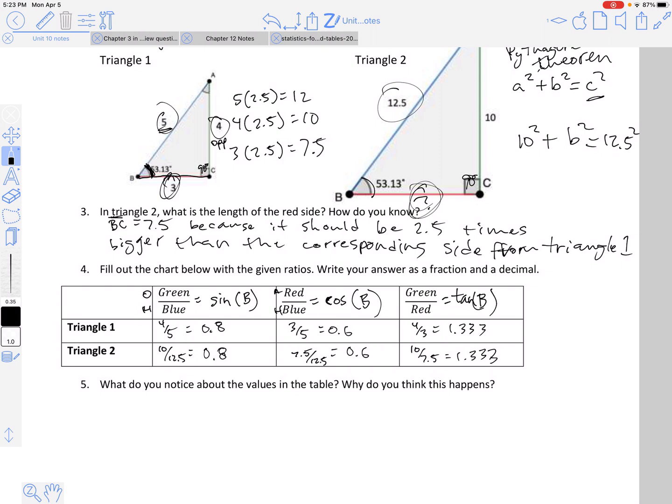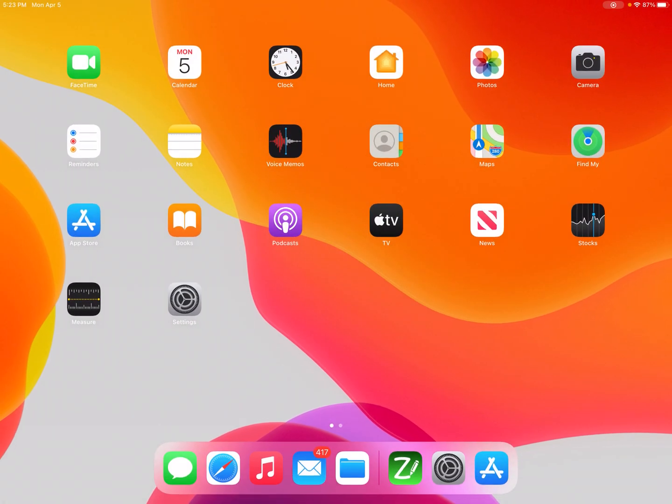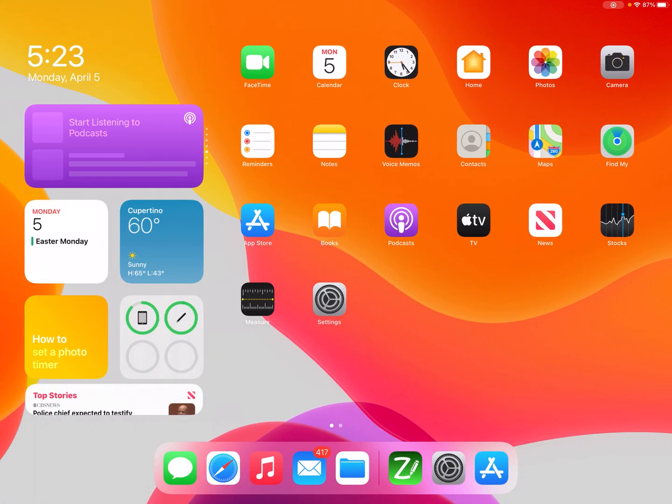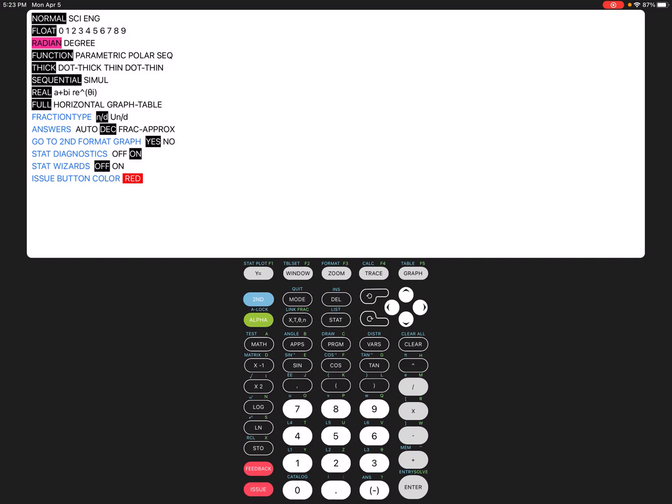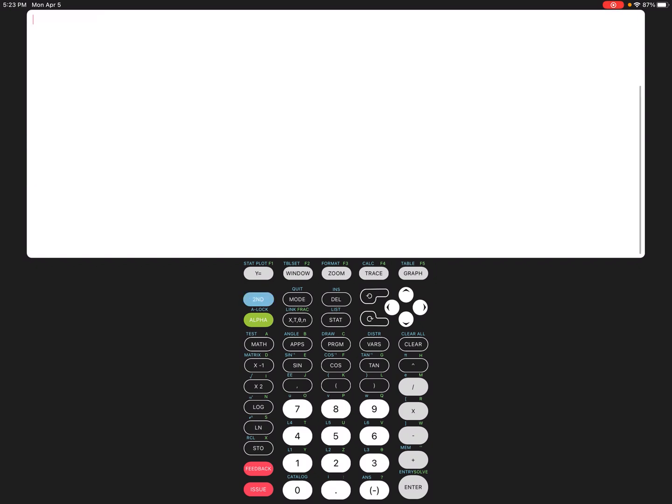Angle B is 53.13. So pull out your calculator real quick, and what I want you to do first is just hit mode and make sure that your calculator's in degrees. We're going to be working in degrees for a long time. Then I want you to hit sine of 53.13, which is 0.8 when we round that.